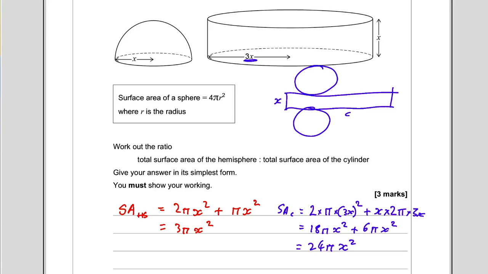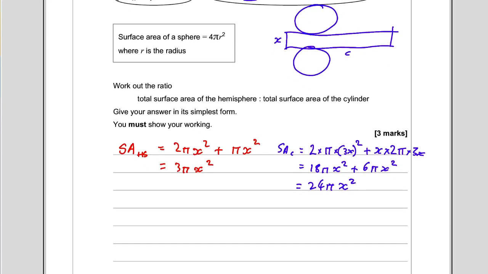Right, so we want to express this in its simplest form. So we've got the total surface area of the hemisphere to the surface area of the cylinder. So we've got 3 pi x squared to 24 pi x squared.